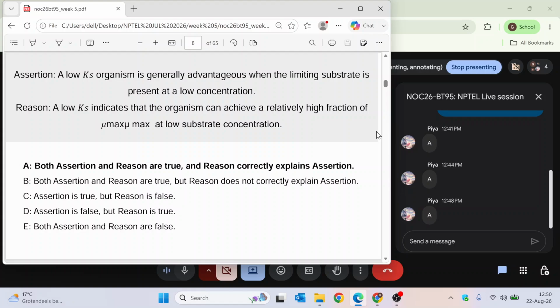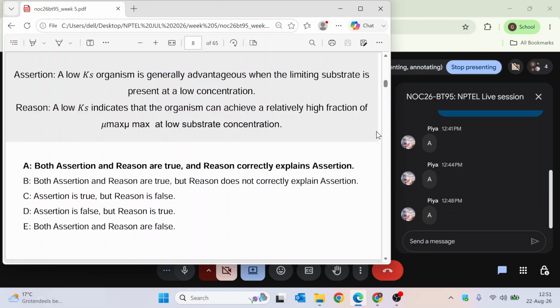When we talk about a mixed culture, this gives the organism with the low Ks an advantage over other organisms to efficiently survive in the given environment. So that is why this assertion is true.